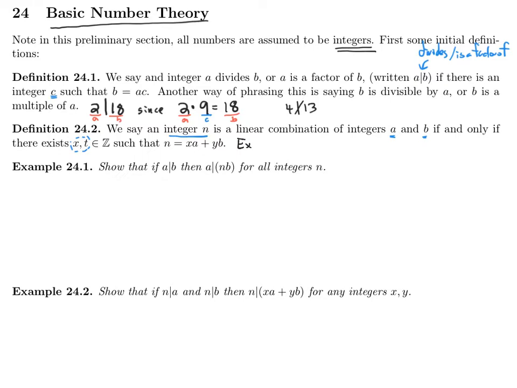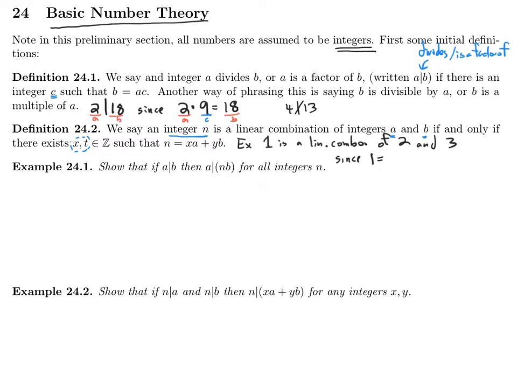We can say 1 is a linear combination of, let's say, 2 and 3, since we can write 1 as, well, maybe pause the video and think about what multiples of 2 and 3 you need to take so that you can make 1 out of it.